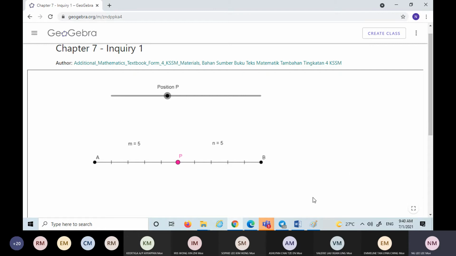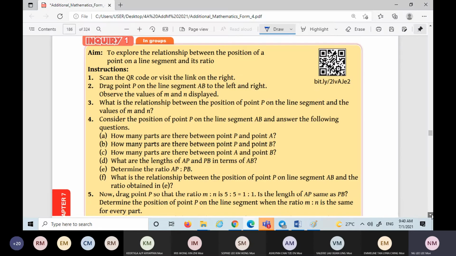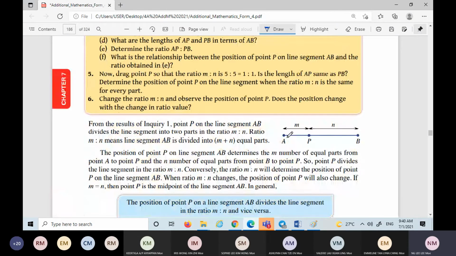So we come back to the textbook. Look at this diagram. Point P on the line segment AB divides the line segment into two parts in the ratio m is to n. Ratio m is to n means line segment AB is divided into m plus n equal parts.